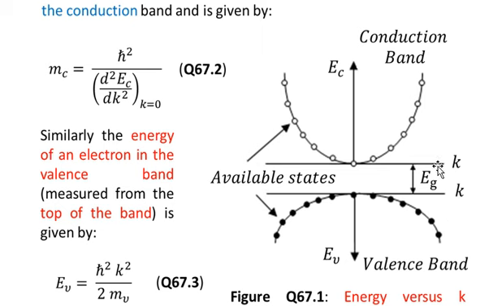And k, you see that we have plotted k along the horizontal axis, and we have plotted E_C, that is the energy of an electron in the conduction band, along the positive y direction, and we have plotted the electron energy in the valence band down the vertical axis.